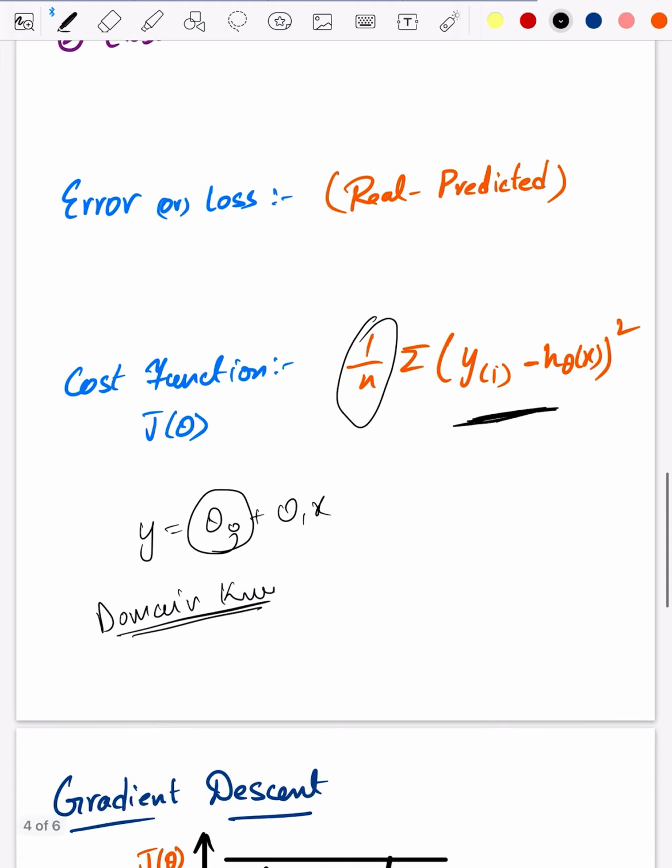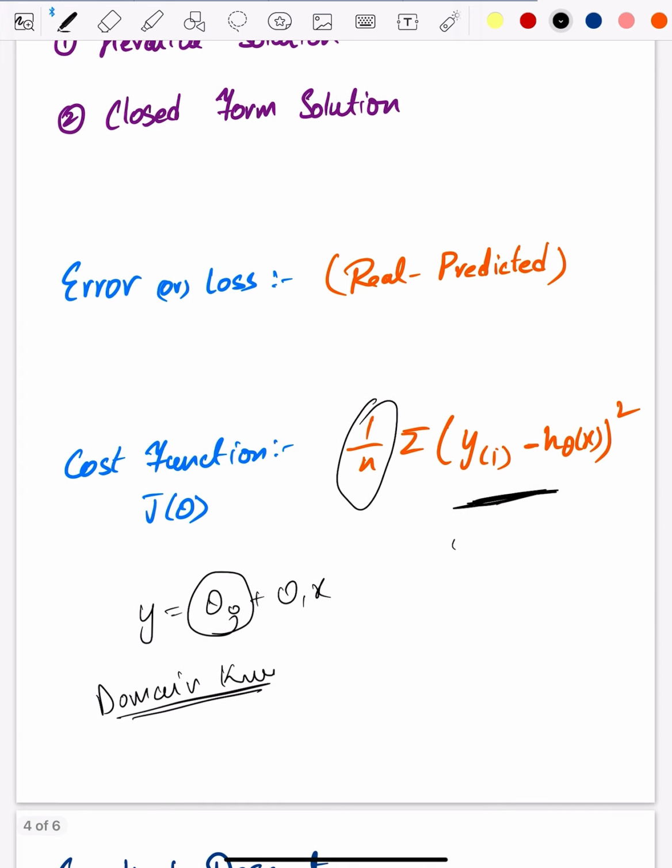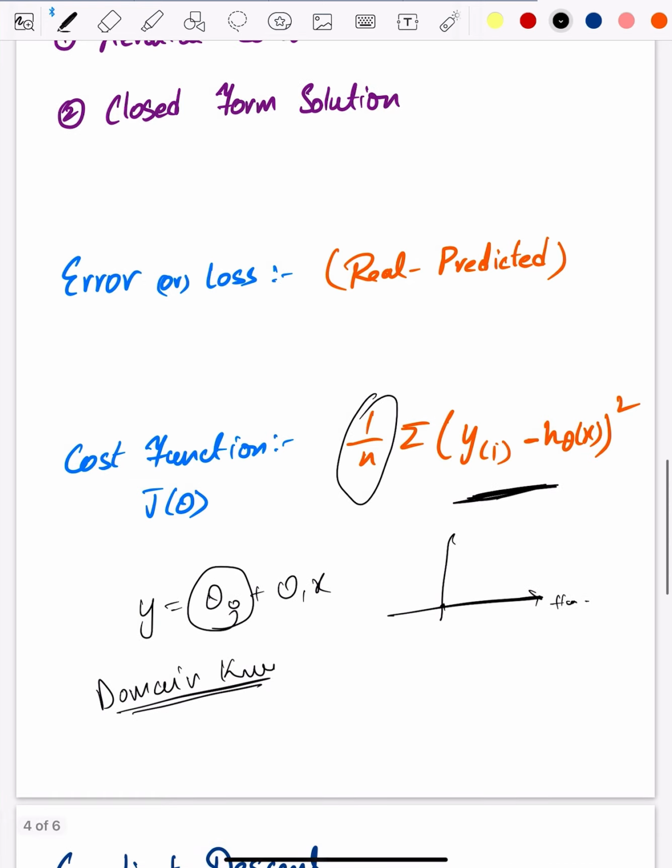I'll also explain that in further videos. For instance, let's say our problem is height and weight, right? If the height is 0, what's going to be the weight? It's obvious, it's 0. So 0 plus theta 1 into x is equal to y.